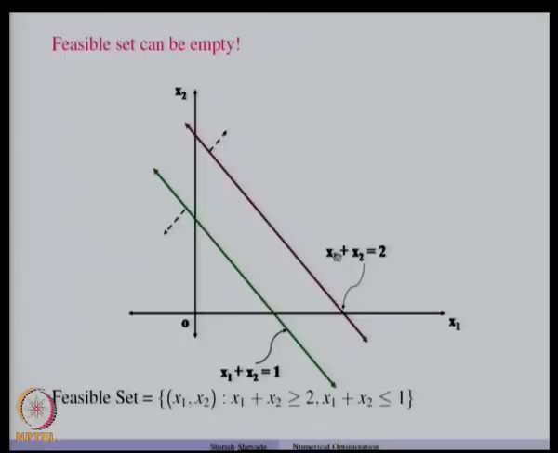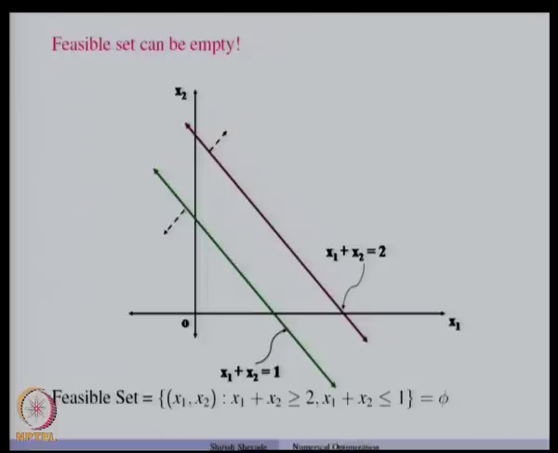This half space is the region that corresponds to x1 plus x2 greater than or equal to 2, and the other half space, denoted by this arrow, indicates x1 plus x2 less than or equal to 1. Now, you will see that there is no intersection between these two half spaces, and therefore, the feasible set here is a null set.